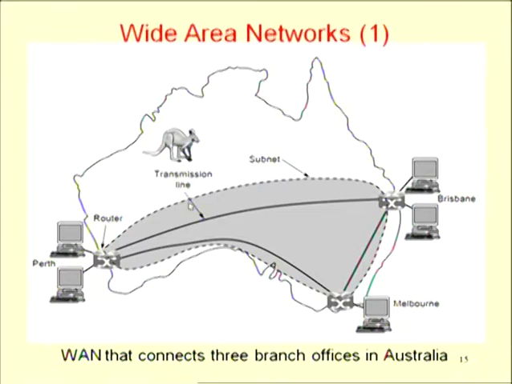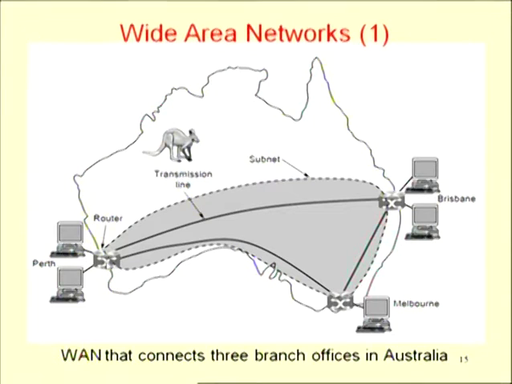Then wide area network. As we had seen, if a network is spanning across the country or the continent. This is a better example because here we are seeing a wide area network that connects 3 branch offices in Australia. So it is a country and continent both.